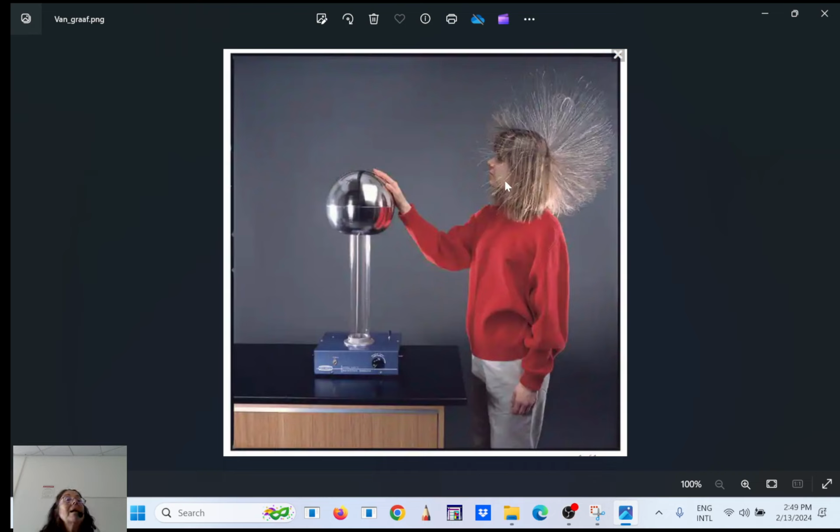Her whole head became like a charged sphere, and you are visualizing the electric field, because the hairs get polarized and she's isolated. So if this is 1000 volts, she will be at 1000 volts. But as long as she doesn't touch the ground, there is nothing to be afraid of.